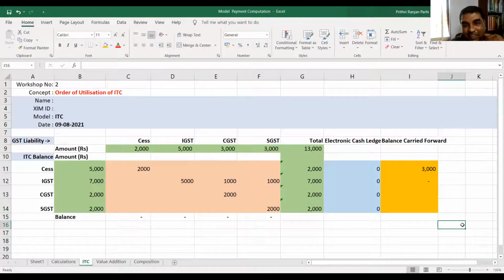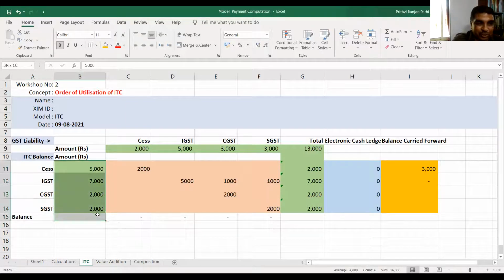Only on sales there will be a balance of 3000. Is it done? And if you see the total, 16,000 ITC was available, 13,000 was the liability, 3,000 rupees sales is due. Are you able to get it? Now I am going to change the situation.